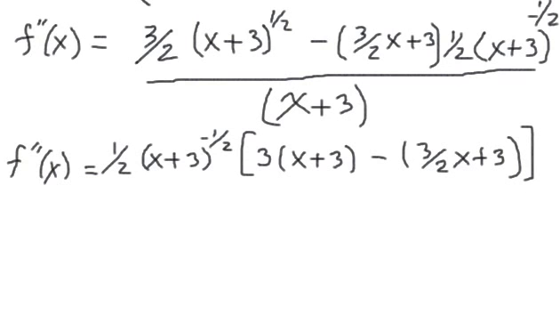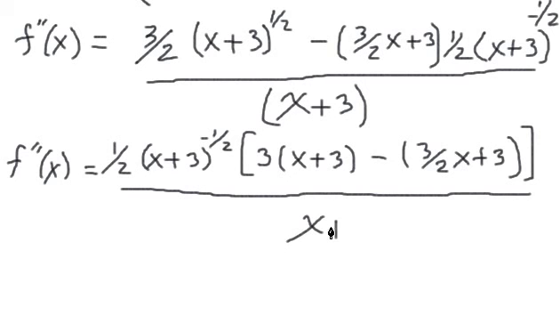Okay, and that is all over x plus 3. I'll be glad when I get done with this problem. Alright, I'm putting parentheses around it, I don't know why. Okay, simplify what's in the brackets here. We can take this down into the bottom, and that's going to become a positive half.